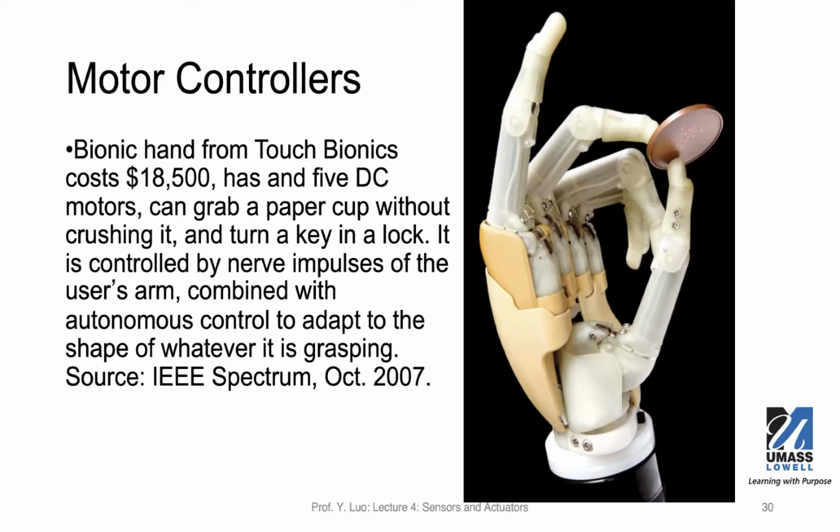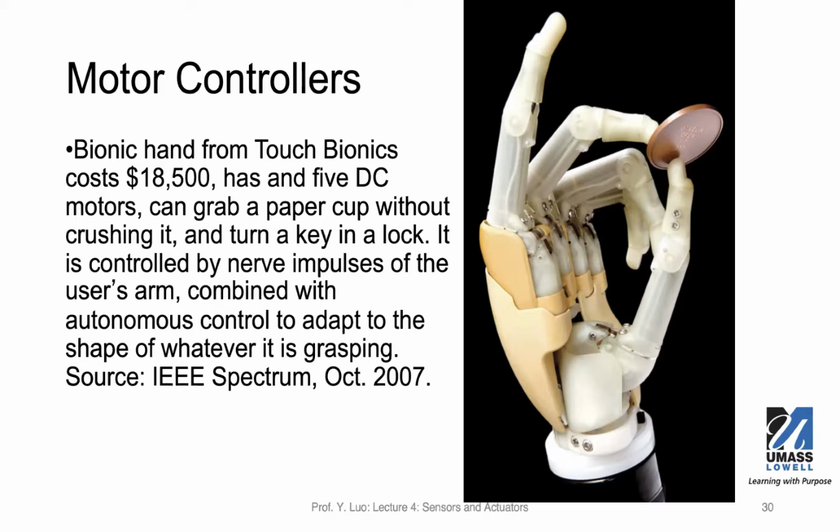These motors were very precise, and controlled by software, these fingers can be manipulated to grab a paper without crushing it, or turn a key in a lock. It's controlled by pulses from a user's arm combined with an autonomous control chip to adapt to the shape of whatever it's grasping. So this is a good example that shows how actuators work.